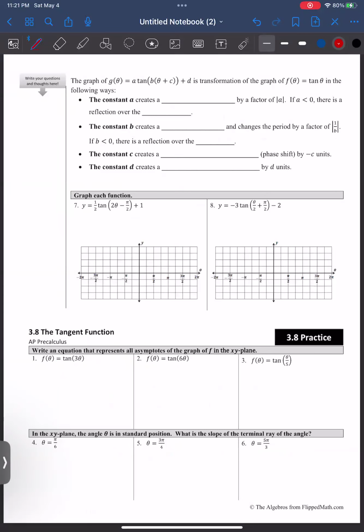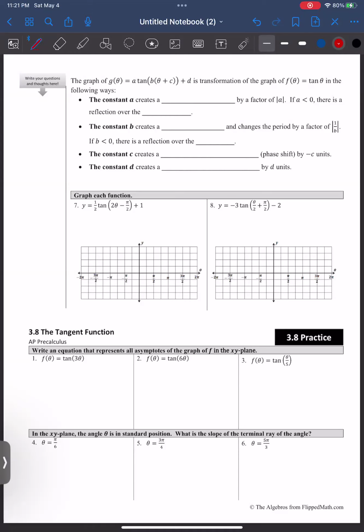So let's go ahead and fill out these little bullet points. The graph of g of theta is equal to a tan of b theta plus c, plus d. So this is the same transformation that we've gone through, only now it's in regards to the tangent function.